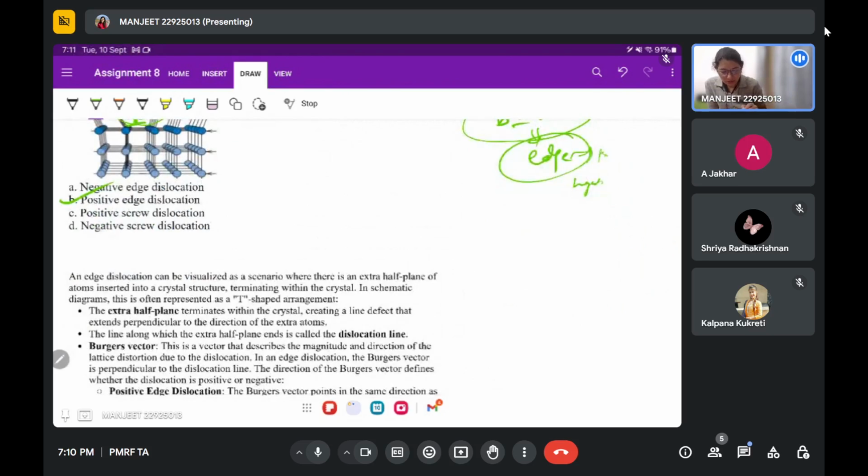So the edge dislocation is a scenario where there is an extra half plane of atoms inserted in the crystal structure, terminating within the crystal. In the schematic, this is the T-shaped arrangement.